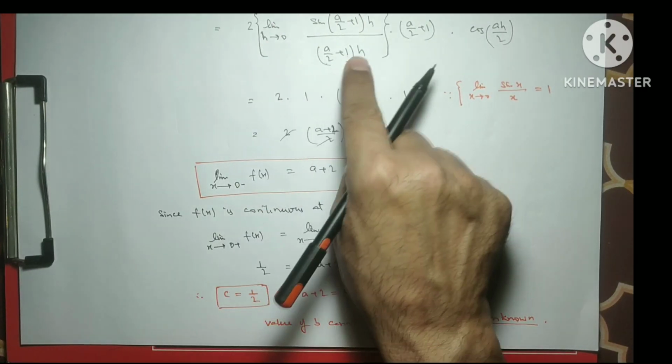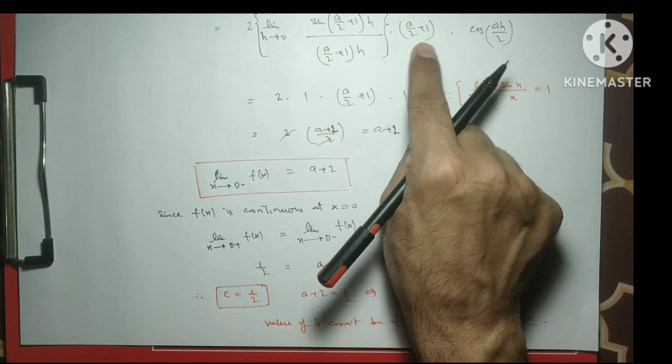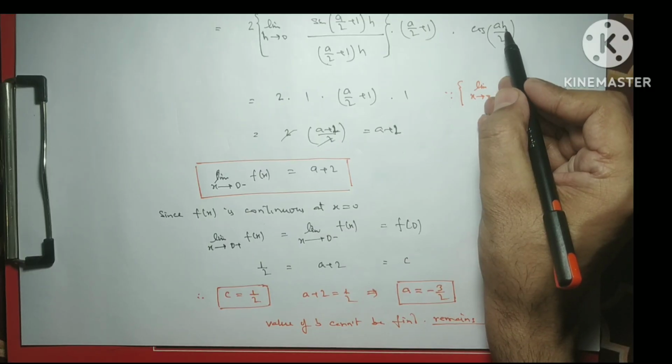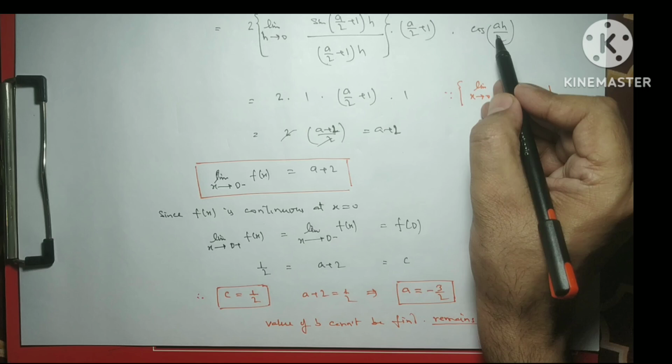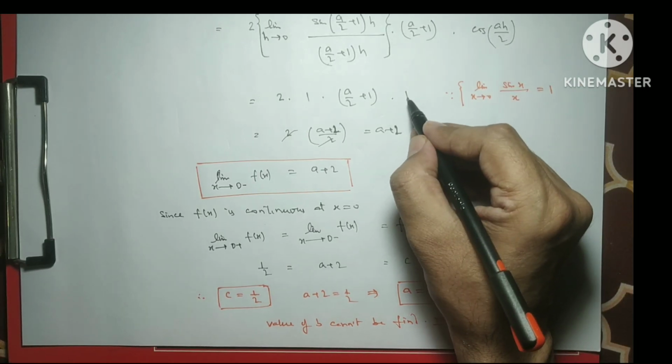So this becomes 1. So it is 2, and this part is 1, and this is a by 2 plus 1, and when we apply the limit h tends to 0, it is 0. So this angle becomes 0 and cos 0 is 1, so we have 1.